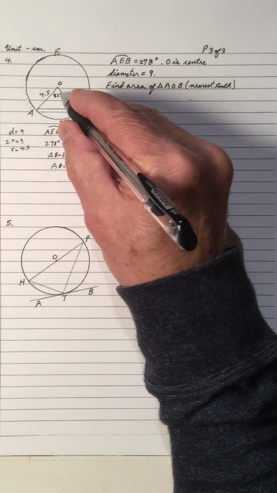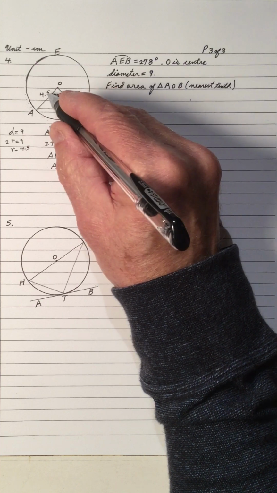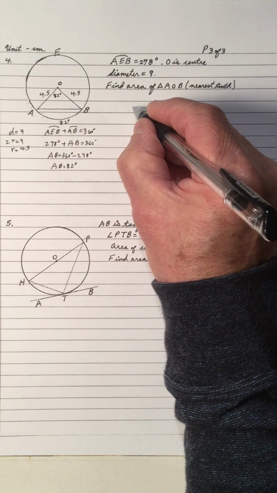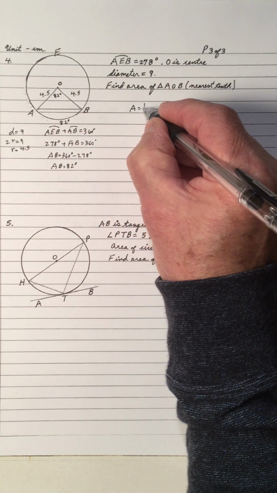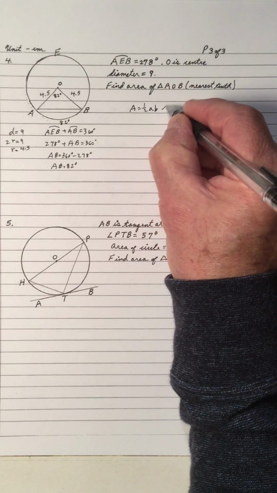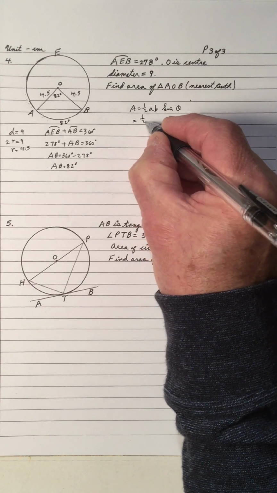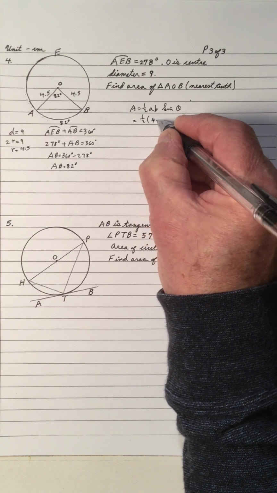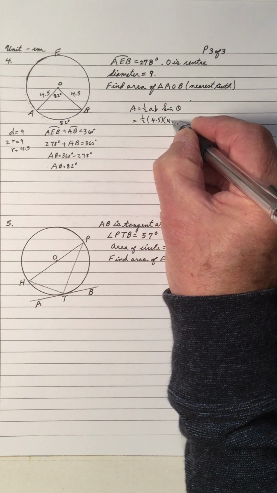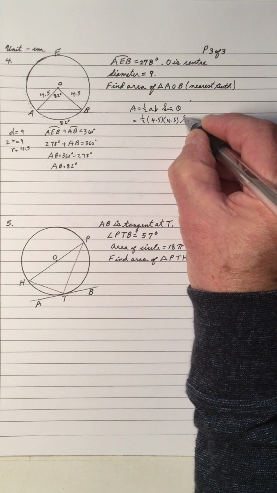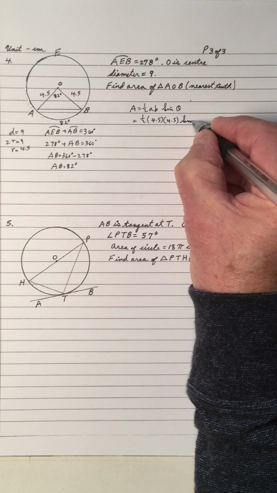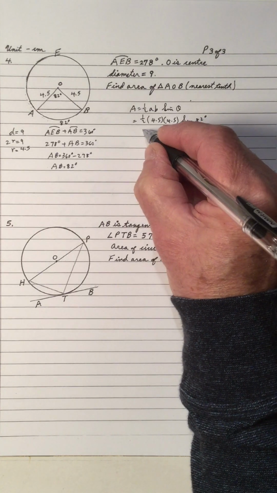So that means we have a triangle made up of two sides and an included angle. So the area of the triangle is a half of AB sine theta, the included angle. So that's a half of 4.5 times 4.5 sine of 82 degrees.